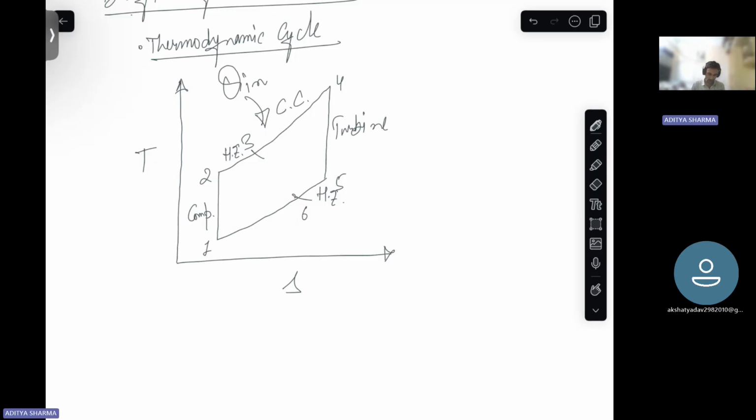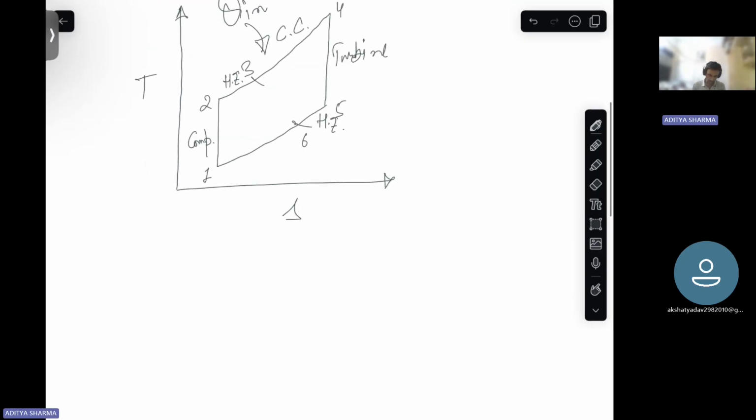So eventually this will increase the thermal efficiency of the whole cycle.